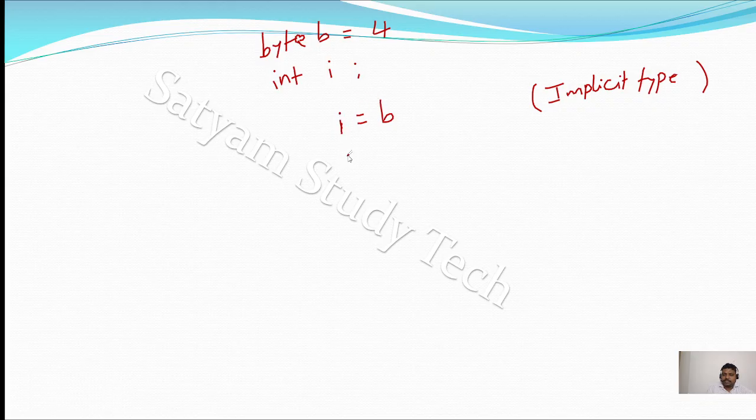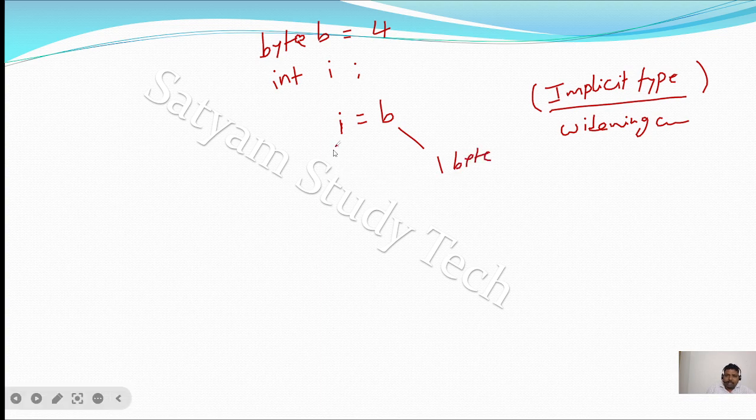We cannot use any casting. So what is the definition of implicit type conversion? Implicit type conversion is also called widening conversion. Why widening? You know the size of the byte is 1 byte. Here it is 2 bytes.